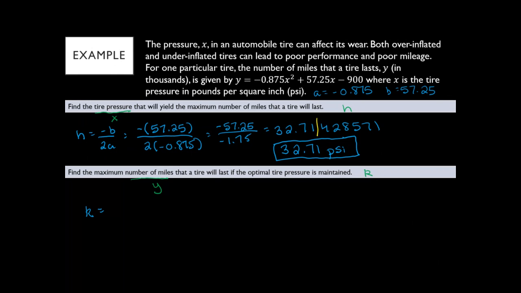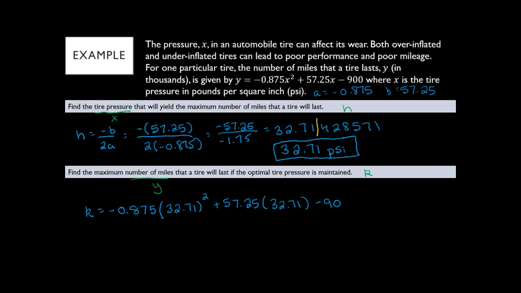So we have K equals, and then we use our formula. We have negative 0.875, and then we are plugging in 32.71. I need to remember it's squared because it's x squared here. Plus 57.25 times 32.71.